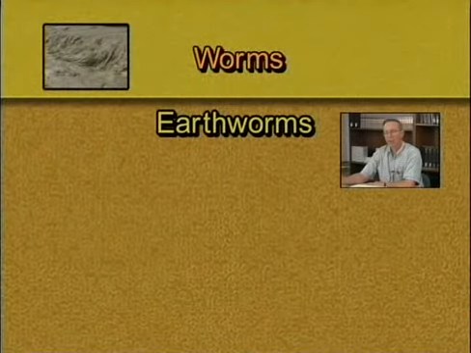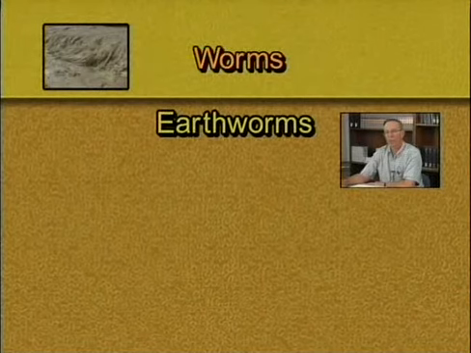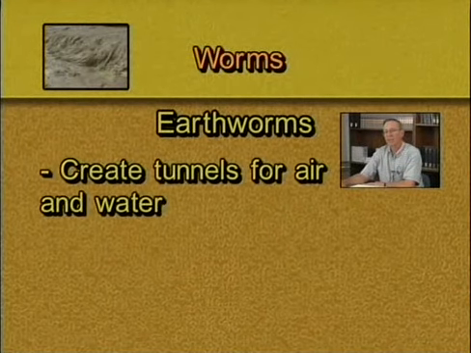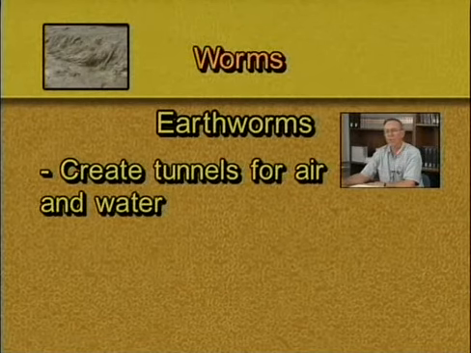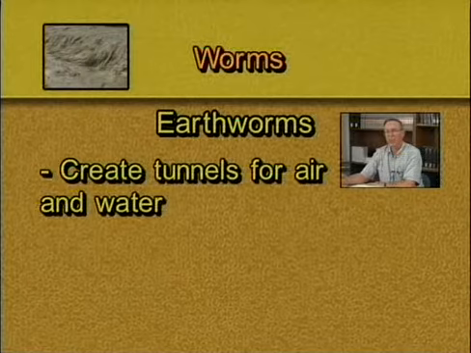Earthworms, when they're living and burrowing through the soil, create natural tunnels for movement of air and also for the movement of water in the soil. Exchange of air between the air above and the air in the soil is an important process. Soils which are well aerated typically are more productive soils.